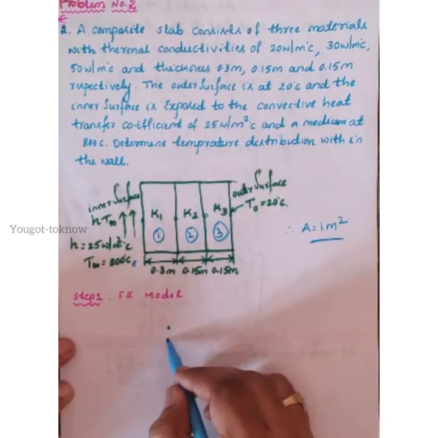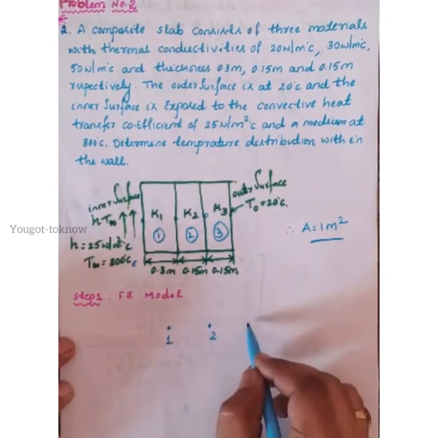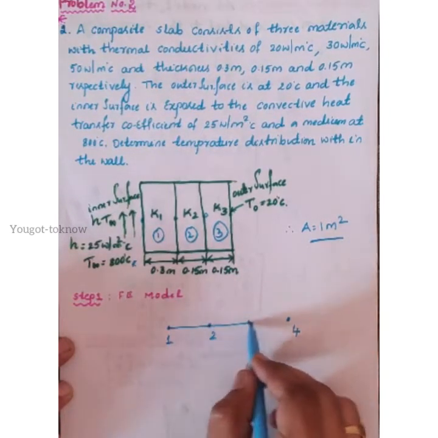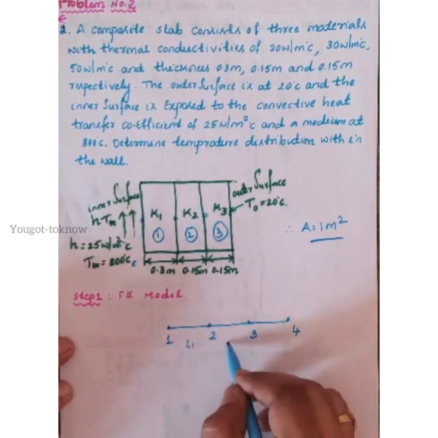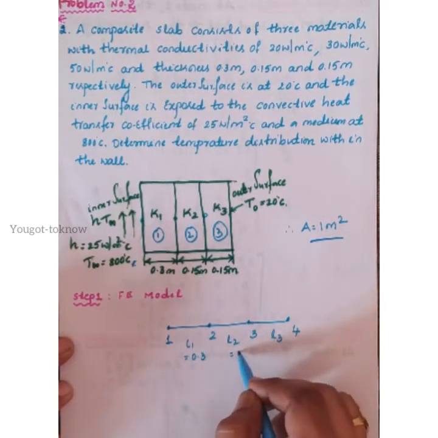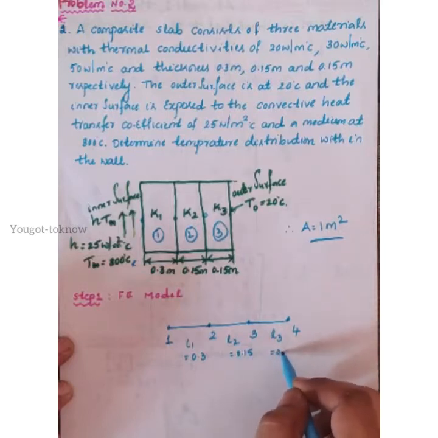Now locate 1, 2, 3 and 4. Now join them. Now you know this is L1, this is L2, this is L3. L1 is 0.3, then 0.15, 0.15.